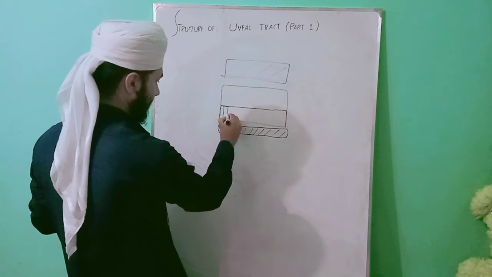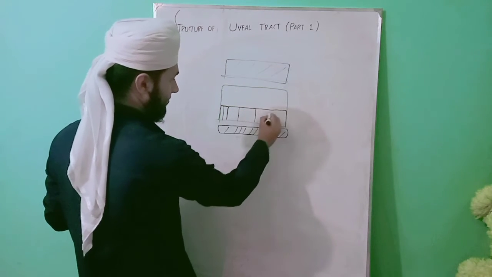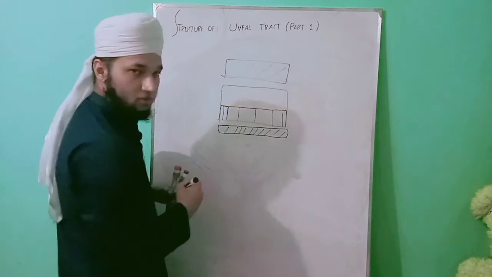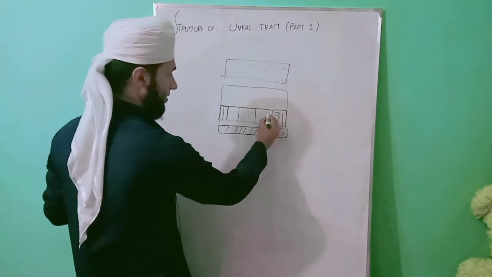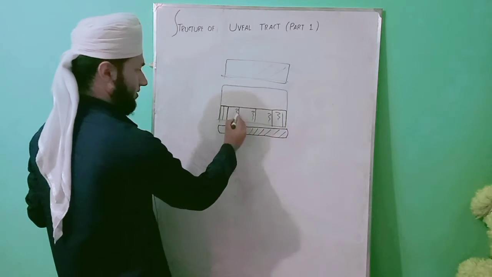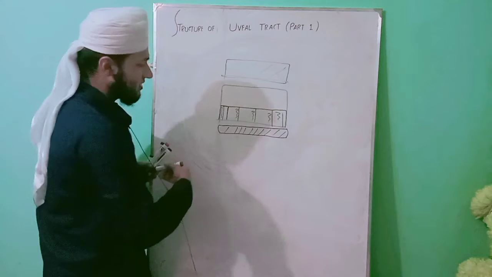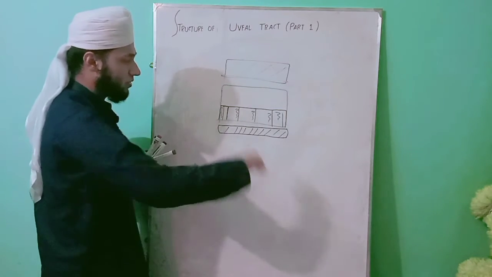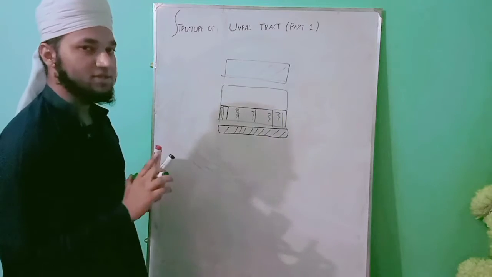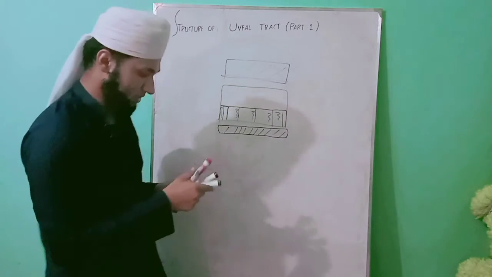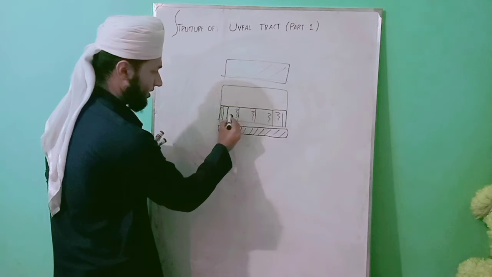Suppose these are collagen fibers, and then there are elastic fibers as well. In the interstices of this meshwork there are a few fibroblasts present.